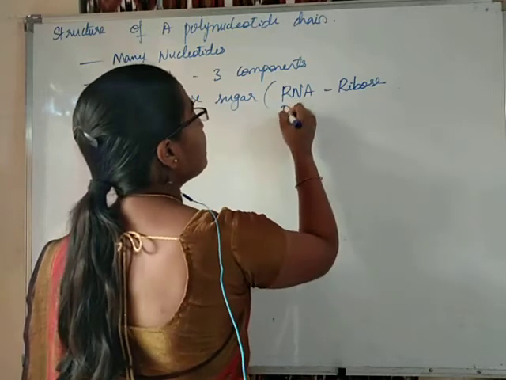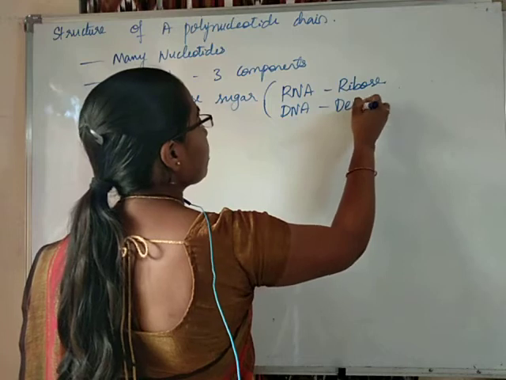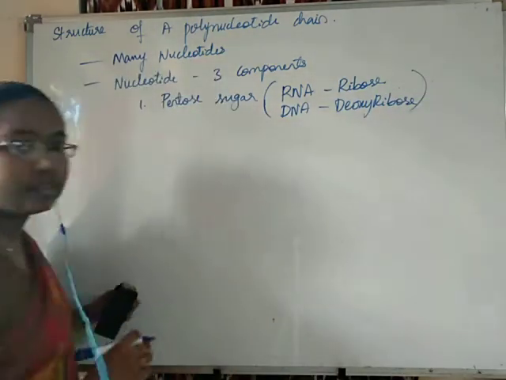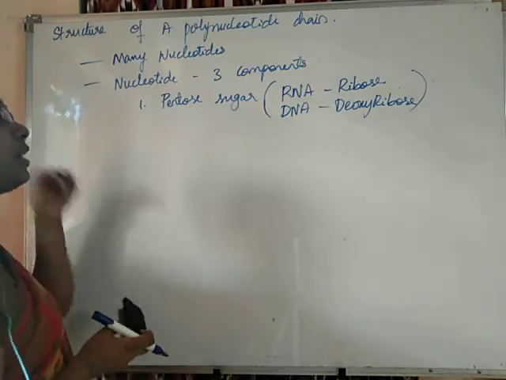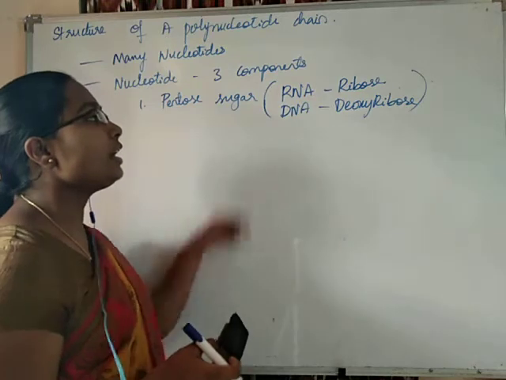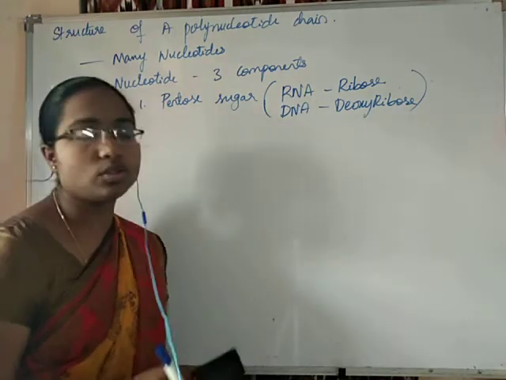If it is DNA, then the pentose sugar is deoxyribose. So the difference between DNA and RNA is there in the pentose sugar molecules. RNA has a ribose sugar and DNA consists of deoxyribose sugar.